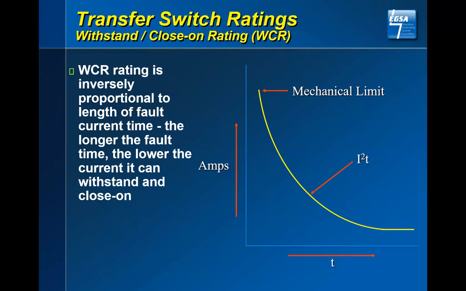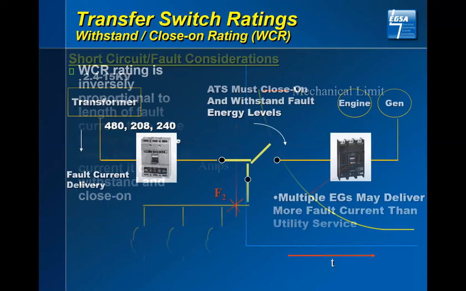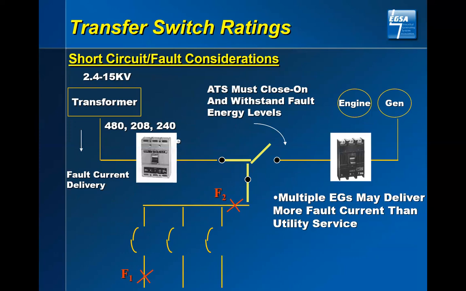This is the main point to this whole discussion. So as you look at it, the transformer there comes into the transfer switch, and it depends where that fault current is. If the fault occurs where the F2 is, I'm totally relying on that circuit breaker to the left side that says 480, 208, 240.